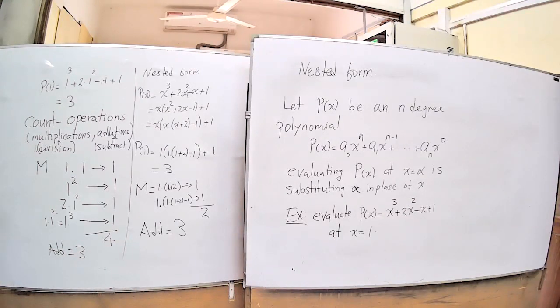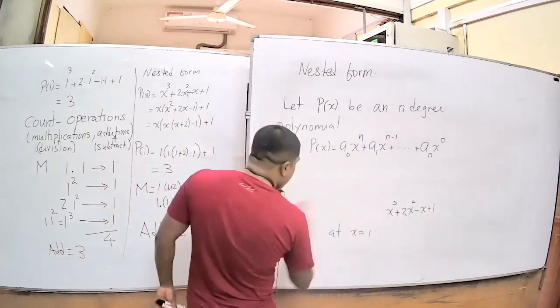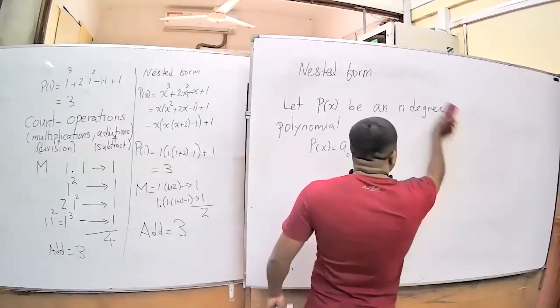So if we reduce the number of multiplications, that is good for us. It will make the computation time less, so the computer gives the answer fast. So always in computer programming, they will try to reduce the operation count. Right? So let me write it down.